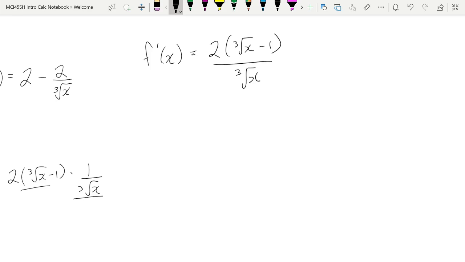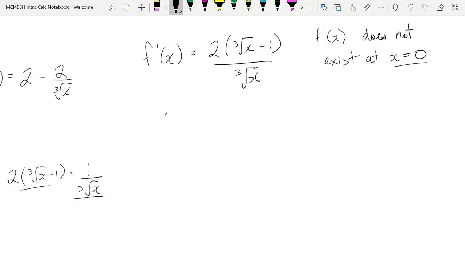At places where this doesn't exist and at places where it equals 0, I have critical numbers for x. So, of course, f prime of x does not exist at x equals 0, right? Because then I'd be dividing by 0. So that means that 0 is my first critical value.